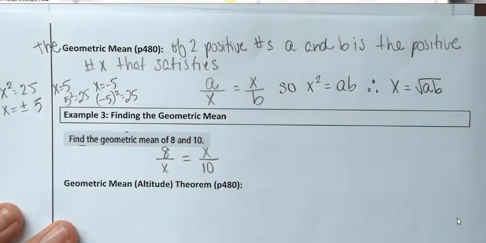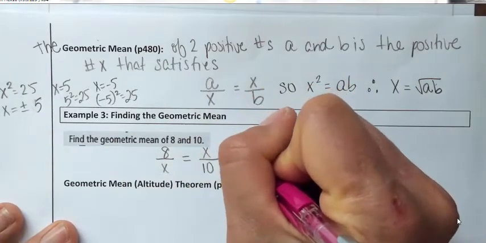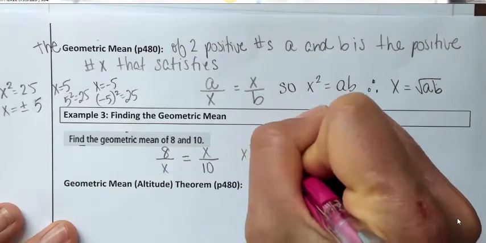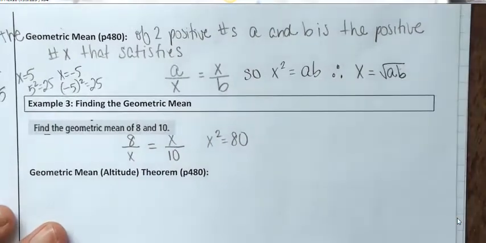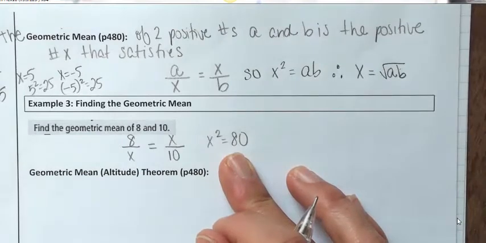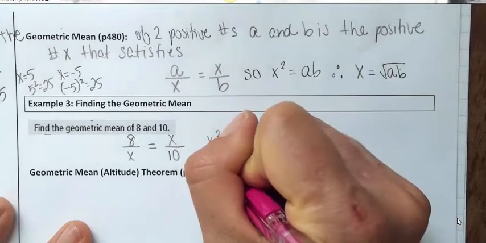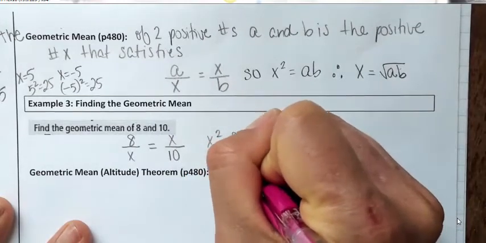So it goes in the middle. And then when you cross multiply, you would get x squared equals 80. And of course, that would not be an appropriate way to leave this, so we're going to simplify it all the way, okay? So 80, if I square root both sides, this becomes a square root of 80.